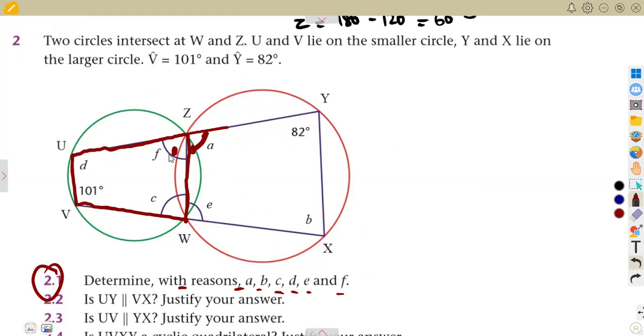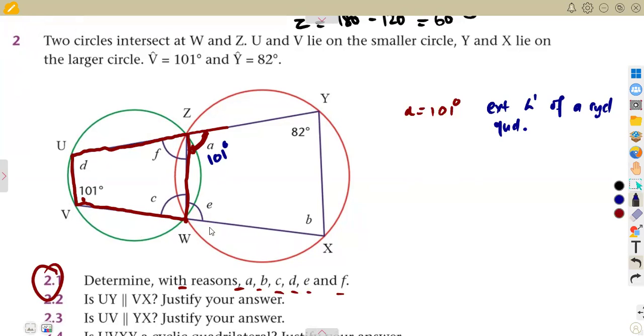So A is equal to 101 degrees. That is the exterior angle of a cyclic quad, equal to the opposite interior.